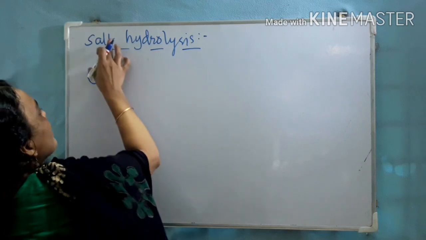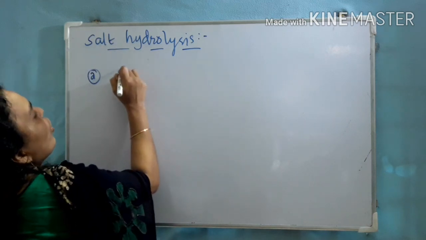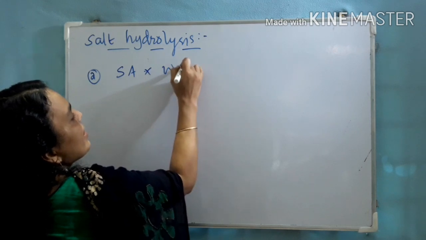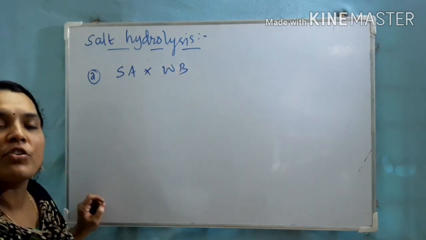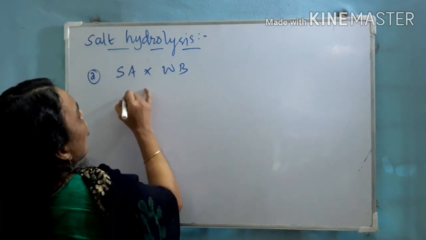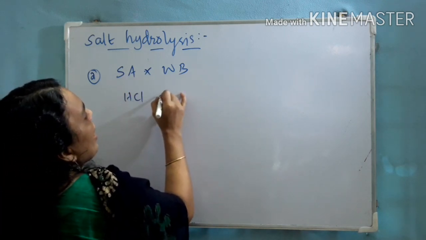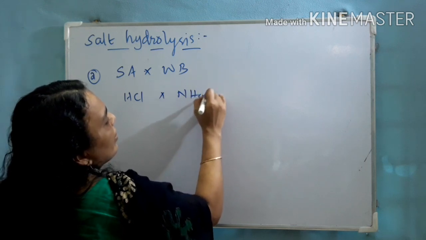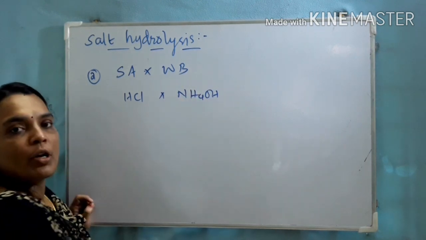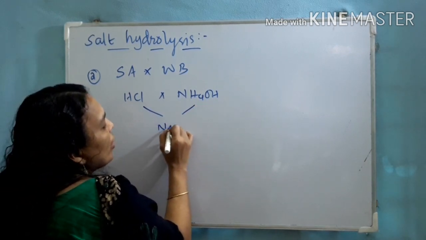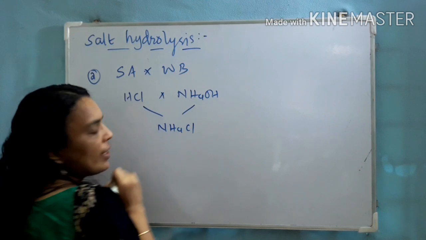Then come to another salt: a salt formed from a strong acid and a weak base. Let us consider a strong acid like HCl and a weak base like ammonium hydroxide, combined together to form a salt, ammonium chloride.